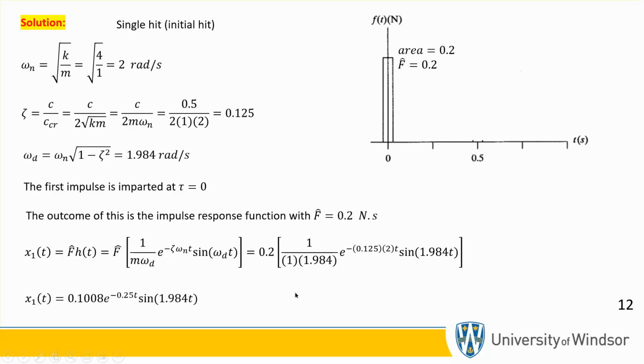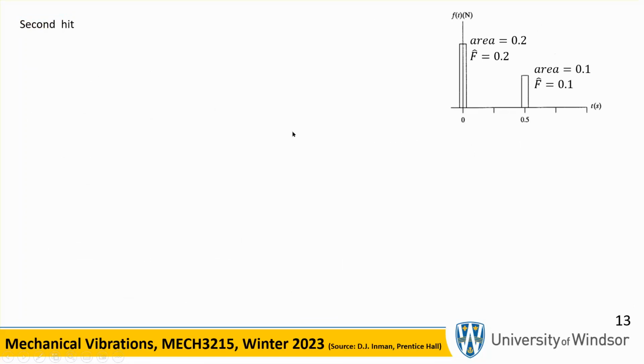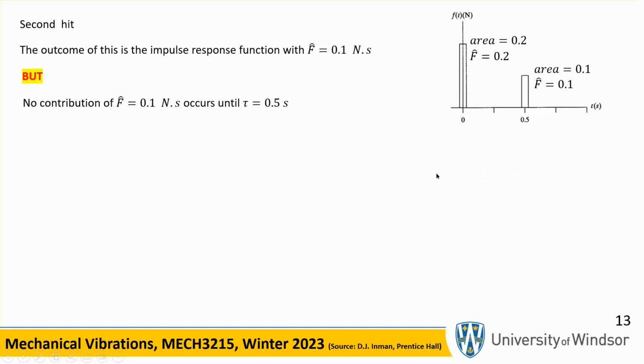Just write everything down, and it's going to be this. By the way, we are assuming that this whole thing starts from the rest condition. The block was not moving; it was at the initial position. Therefore, we don't have to worry about the initial conditions. They're both zero. Now, the second time we hit it, f hat is 0.1. But remember, nothing will happen until I hit it again.